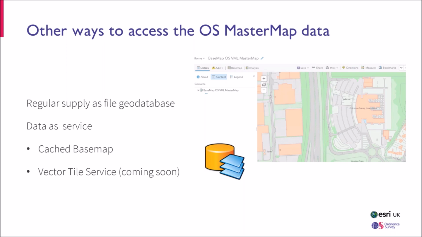We're looking at adding the vector map local data into there as well, with a view to going live very soon on that. To give you a comparison, it means that you can download the whole of MasterMap onto a mobile device, pretty much, because of the difference in size between the caches for a vector tile service and a cached base map.